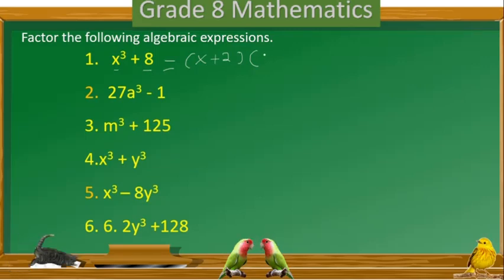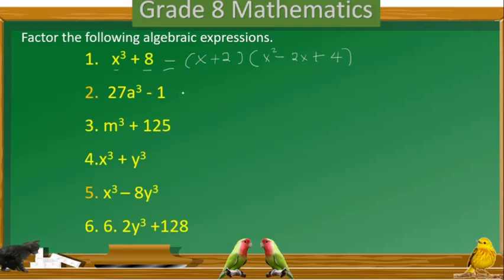This will become x squared. Then the opposite sign. Then the product of the first and second term, which is x times 2, so this will become 2x, then plus the square of the last term, which is 2. It will become 4.